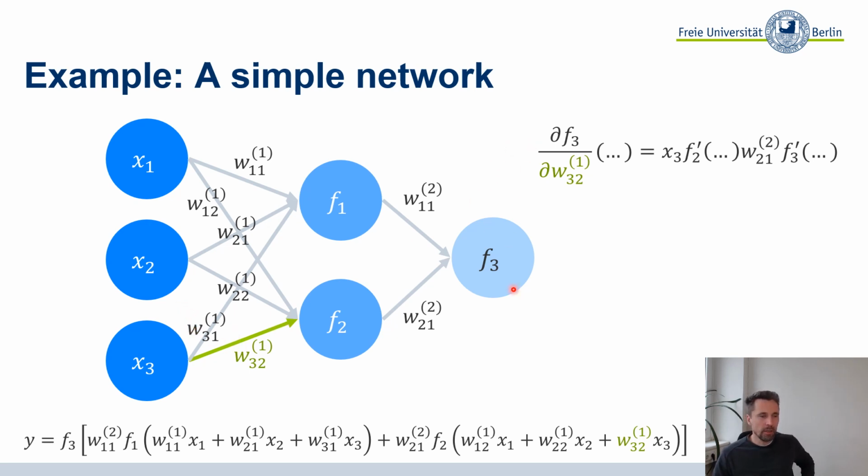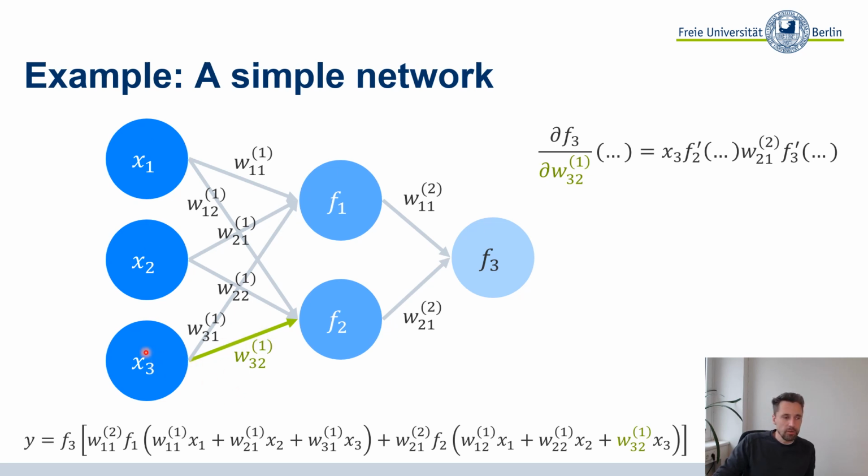So we want the partial derivative of this function f3 with respect to the weight W32 of the first layer, this one here. The first thing that you should notice is that x2 and x1 have nothing to do with this weight.